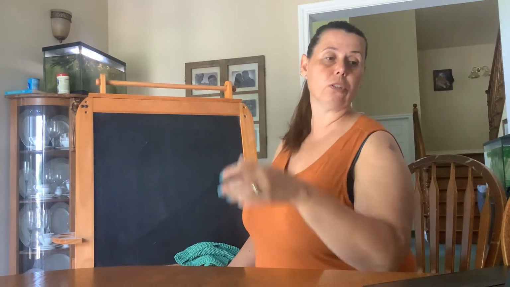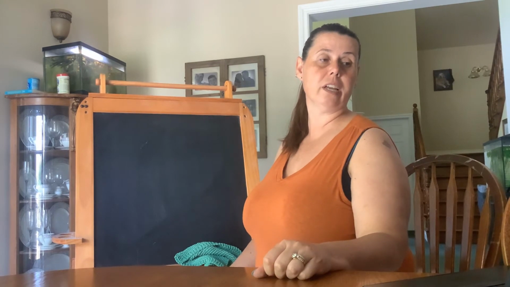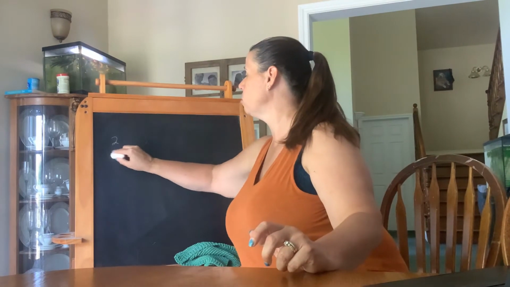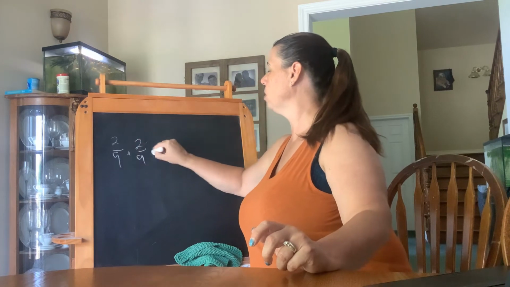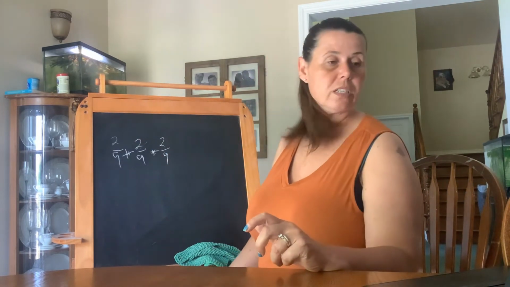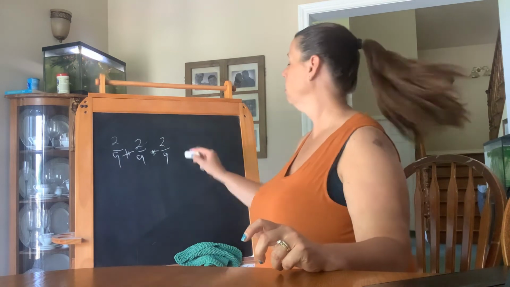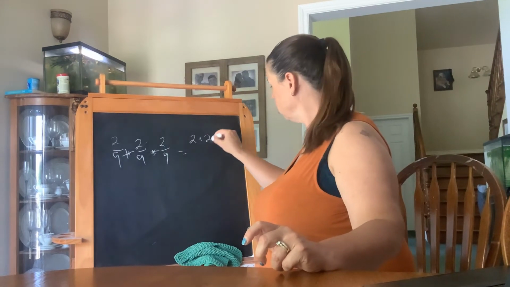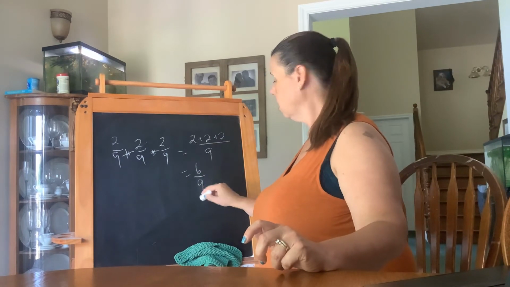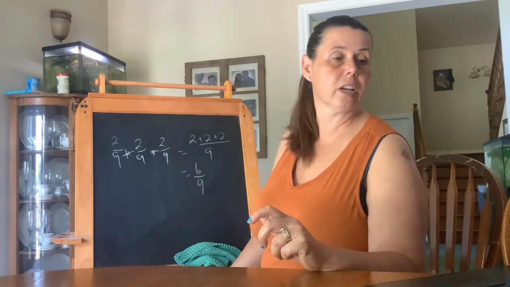All right, to multiply a fraction with a whole number, multiply the numerator by the whole number and leave the denominator the same. The example they give you is 2 ninths plus 2 ninths plus 2 ninths. I gotta work on my plus signs. Which equals 2 plus 2 plus 2 over 9, which equals 6 over 9, right?